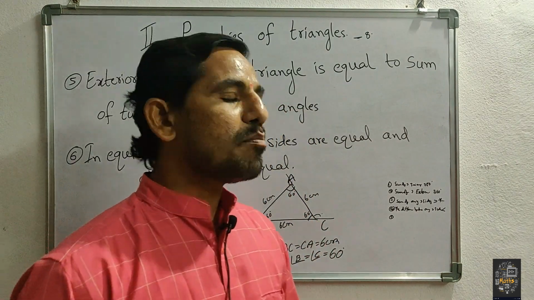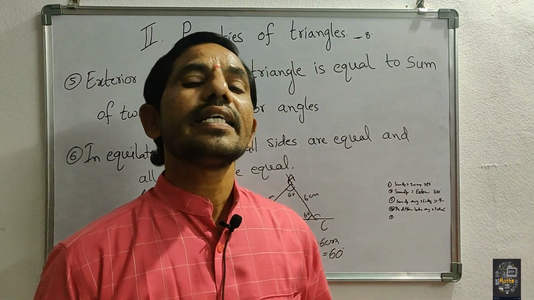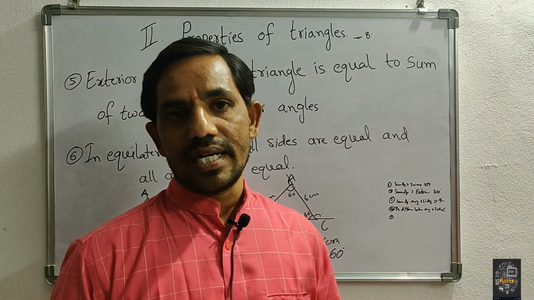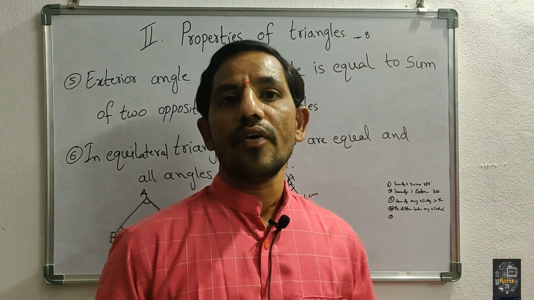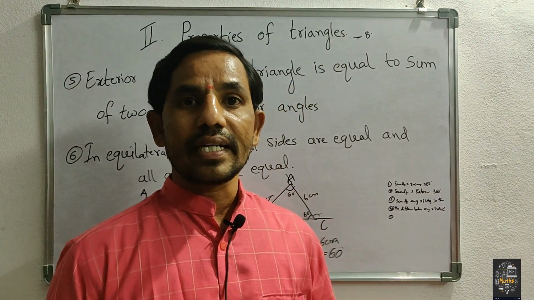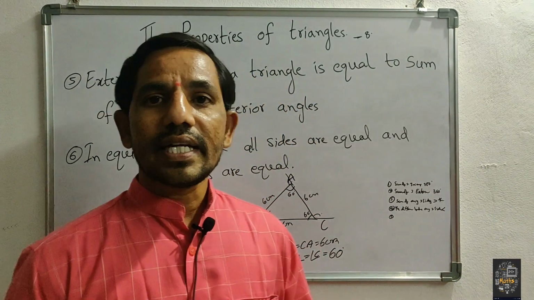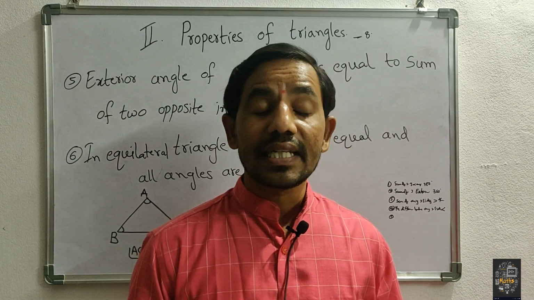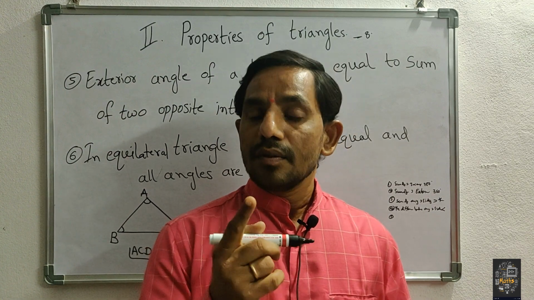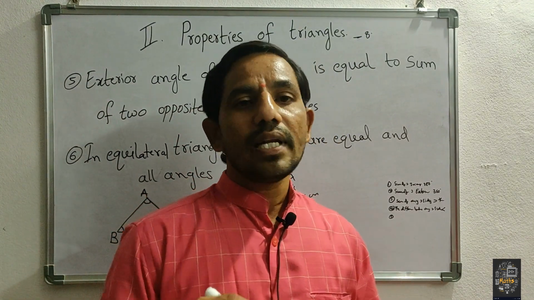Third one, sum of any two sides of a triangle is greater than the third side. That is the third one. Fourth one, the difference between any two sides is less than the third side. Sum means greater than, difference means less than.